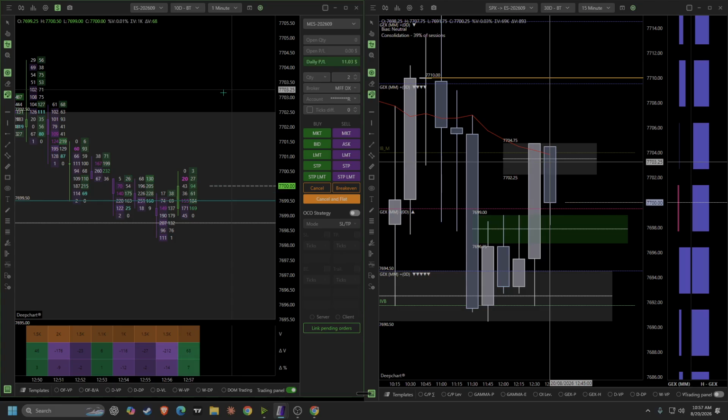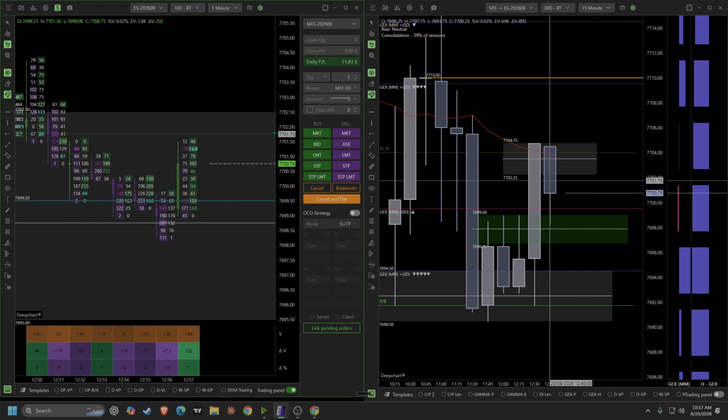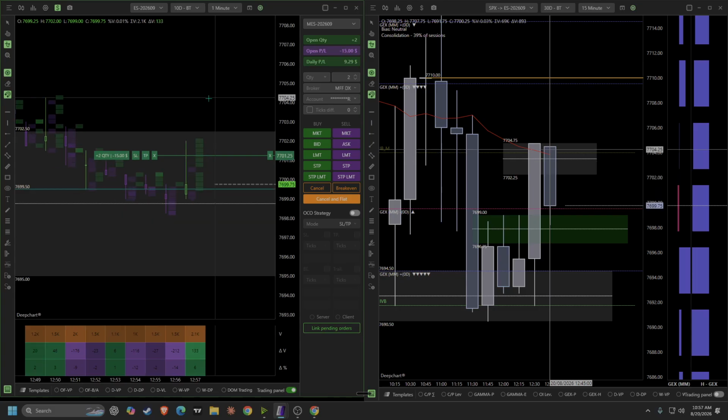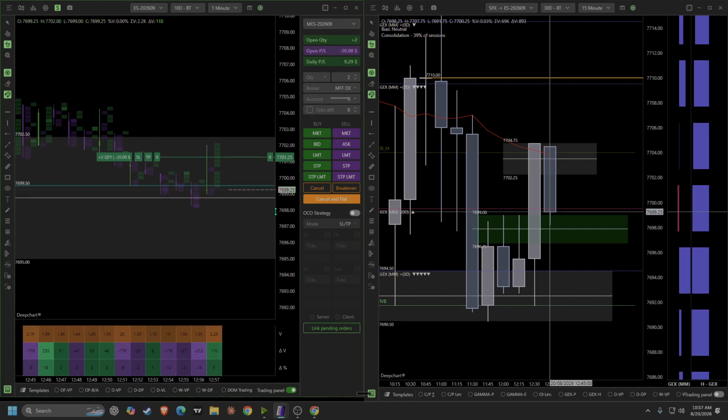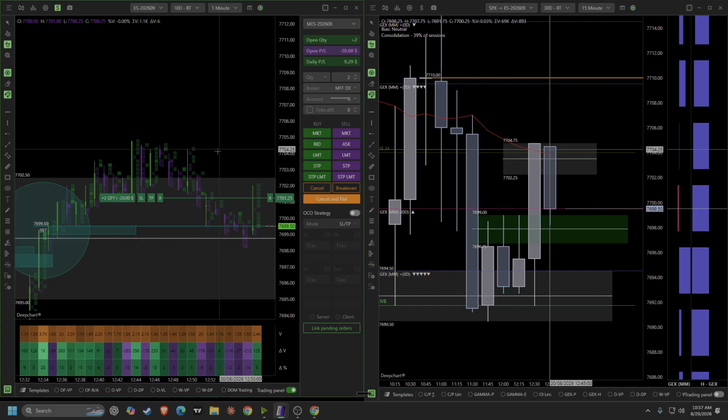And you can see there's a fight happening here, right? And it looks like buyers are winning. We're going to get into a long here. We took this pop. They got absorbed immediately. But we're going to set our trade up.